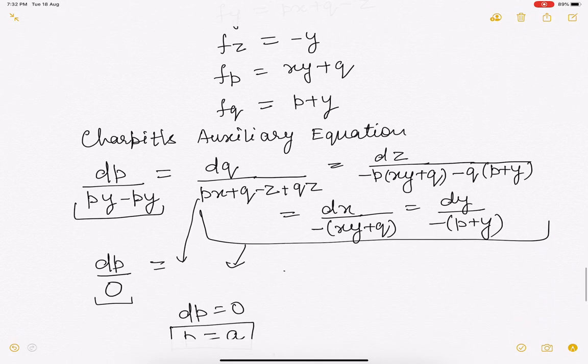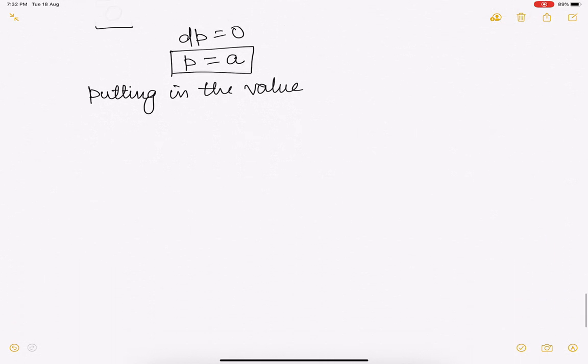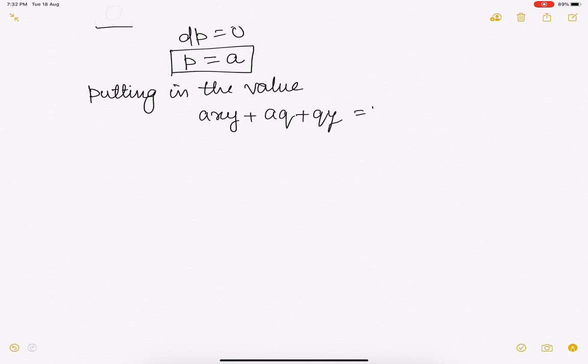So we have axy plus aq plus qy is equal to yz.